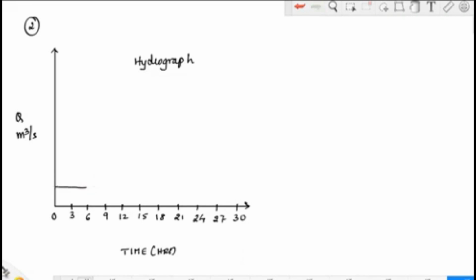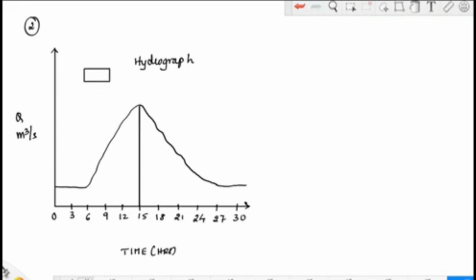Okay, this is your hydrograph. So you will get a box width here.